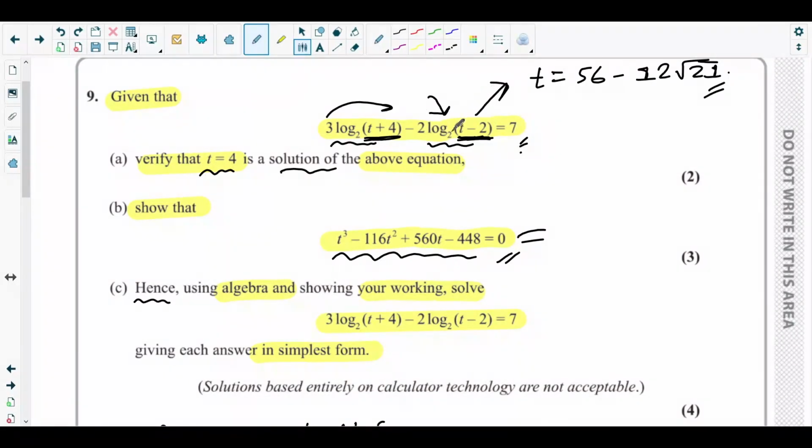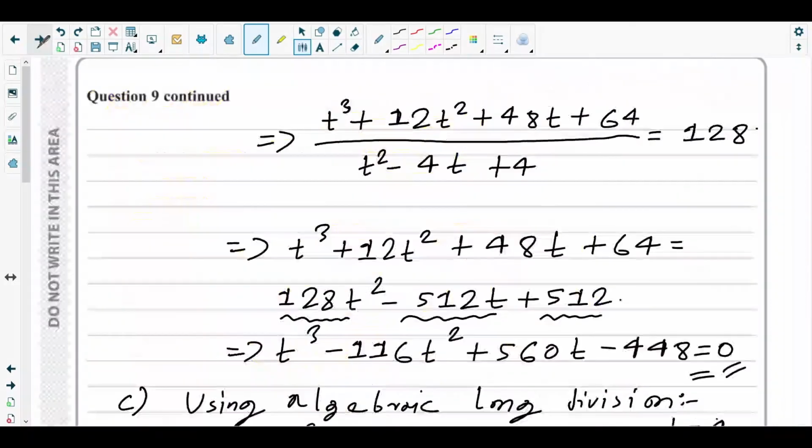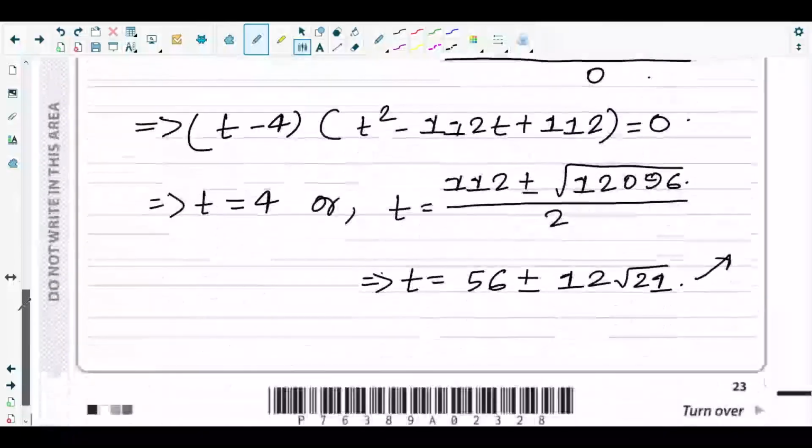So 56 minus 12 square root of 21 minus 2 is basically a negative value. So if the bracket of log is negative, then the expression becomes undefined. So we have to ignore that value of t.